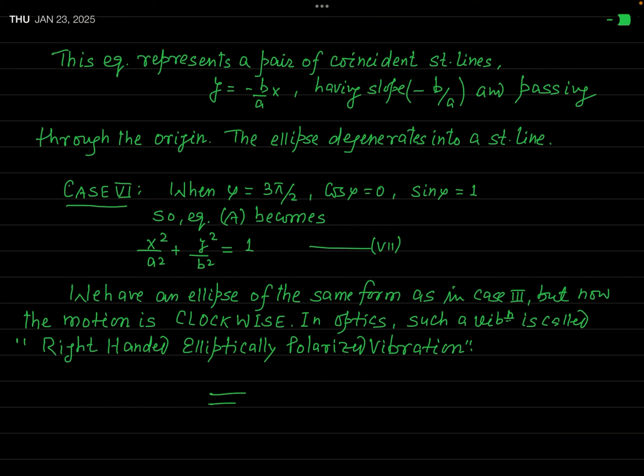Finally, we consider that when phi is equal to 3 pi by 2, then what will be the Lissajous figure? Actually, in this case, again you can see cos phi will be 0 and sin phi will be 1. And so the equation A will become x square over a square plus y square over b square equal to 1. Again you can see that this is the equation of an ellipse.